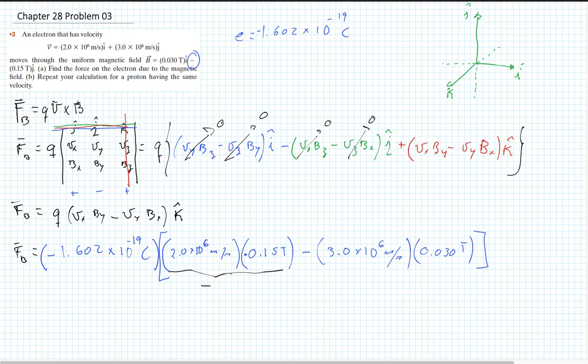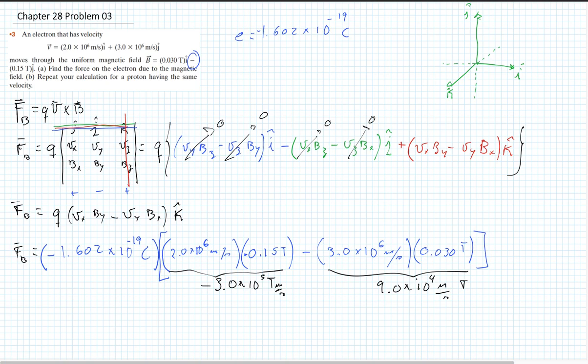So my number here will end up negative 3.0 times 10 to the 5 Tesla meters per second. And this guy here will be 9 times 10 to the 4 meters per second and Tesla.